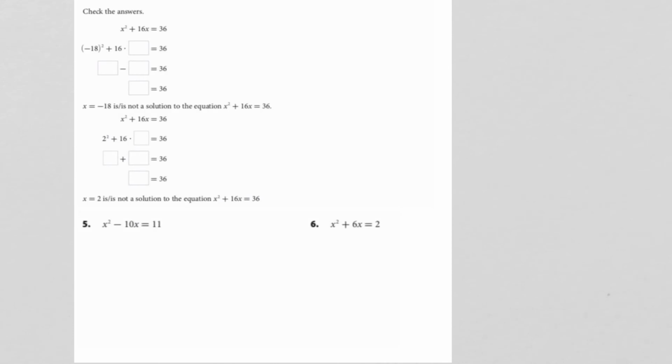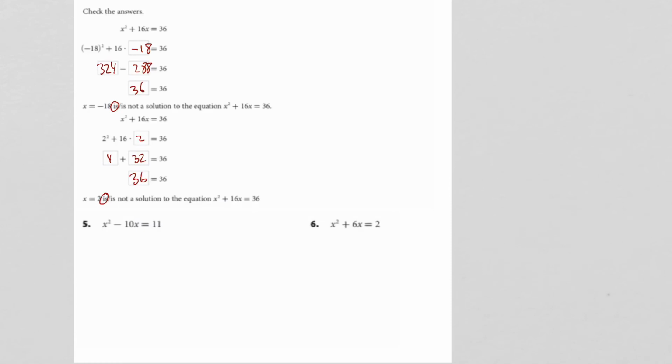So this next part has us basically checking our answer, which is something I just did. So negative 18 squared is 324, and 16 times a negative 18 is negative 288, and that makes 36 equal to 36. So this definitely is a solution. And for this one, you're going to get 4 plus 32, and this also is a solution.